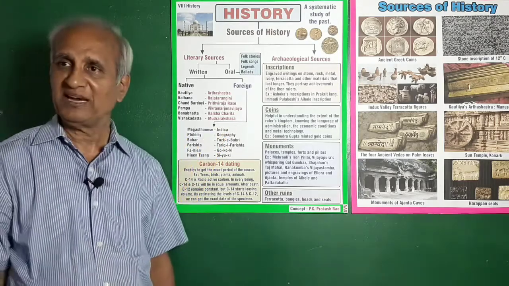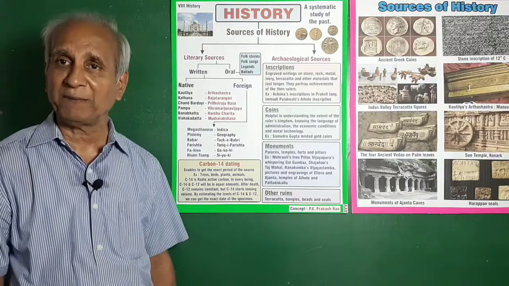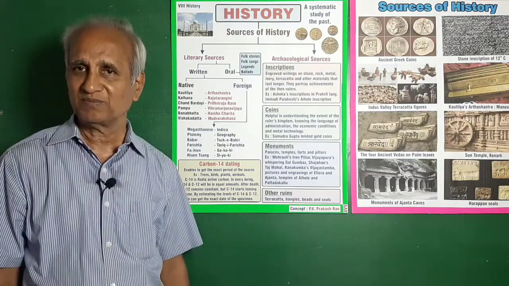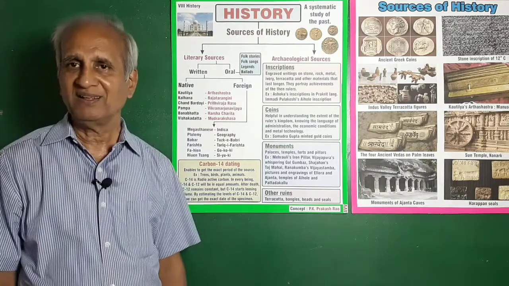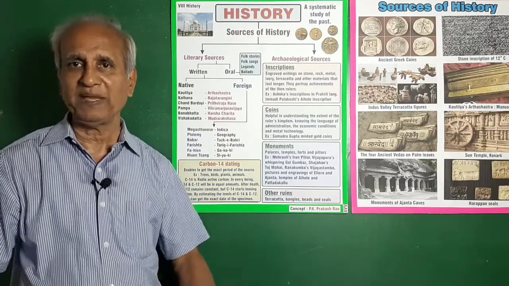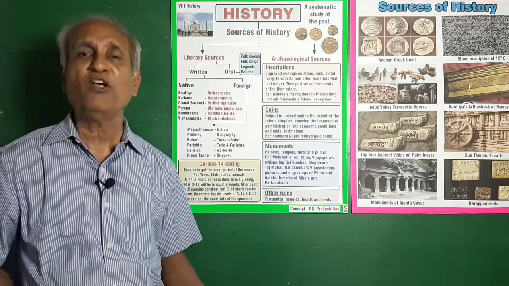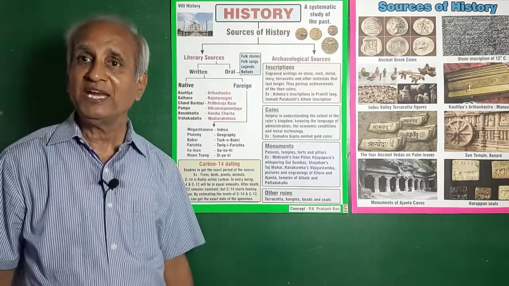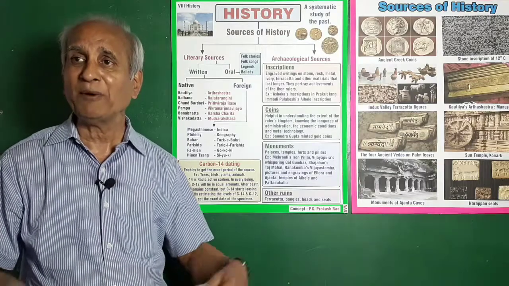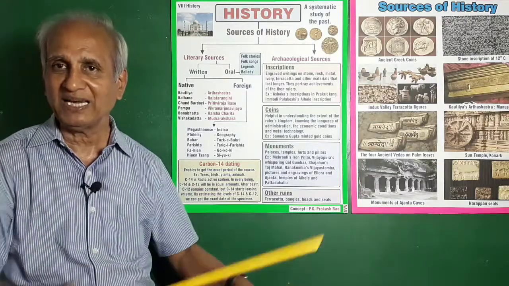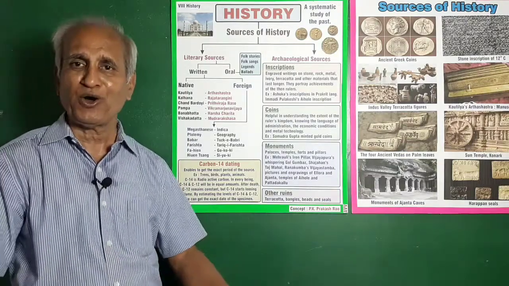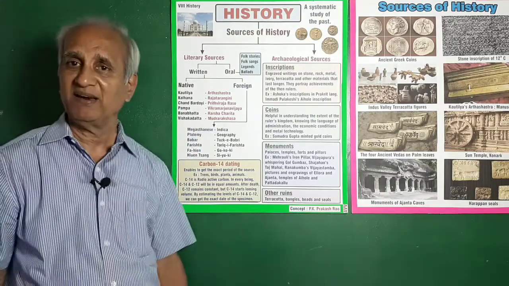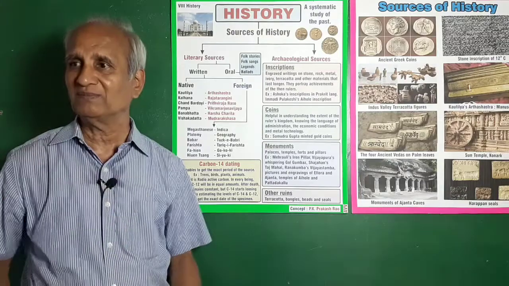Ptolemy, you might have heard his name. In science we come across him. He did a lot of research about the solar system. He could not come out with the right conclusions. Whatever it be, he made an attempt to understand what the solar system is. Ptolemy comes to India. He draws the geographical map of India, the extent of India. A great job Ptolemy did, and he writes a book, Geography.